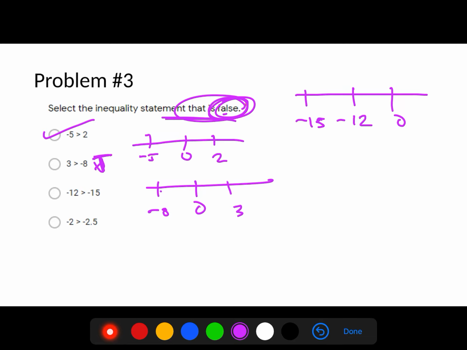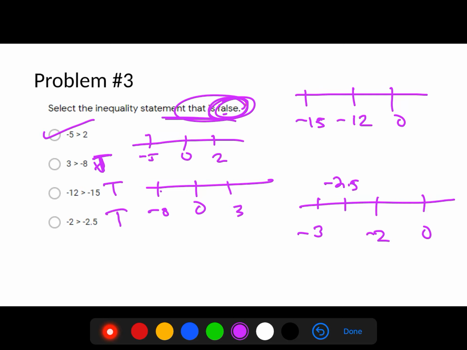Yes, that's true. It's to the right of negative 15. And then negative 2 is greater than negative 2.5. Once again, 0, this is negative 2, this is negative 3, and the middle is negative 2.5. Negative 2 is more to the right of negative 2.5, so it is greater than. This is also true. So then the first one is the one that is false.